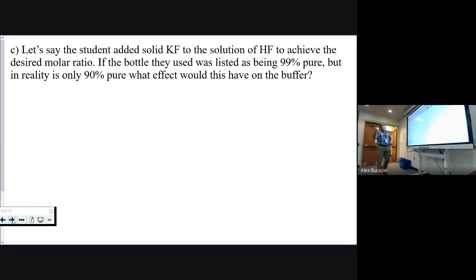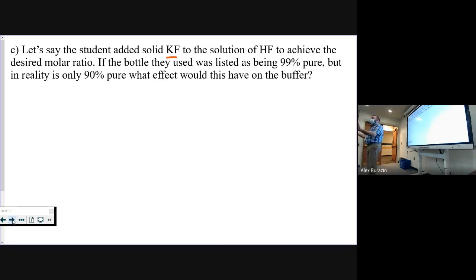But if the bottle they used was listed as being 99% pure potassium fluoride, but instead it's actually only 90% pure, what effect would that have on our buffer? Hold on, think, don't talk. In your own head, think about that scenario.